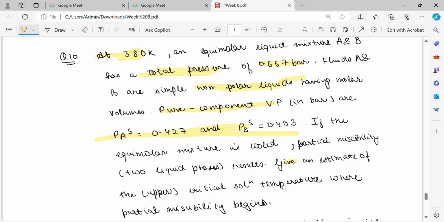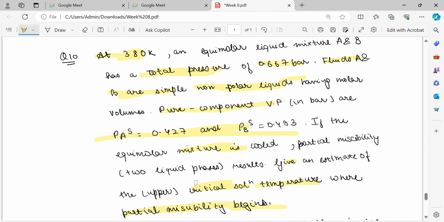So at 380 Kelvin, an equimolar liquid mixture of A and B has a total pressure of 0.667 bar. Fluids A and B are simple non-polar liquids having these volumes, and if the equimolar mixture is cooled, partial miscibility, so you need to give a critical solution temperature where partial miscibility actually begins.